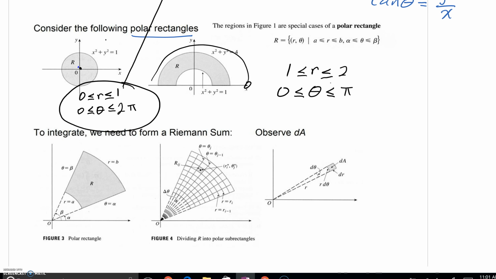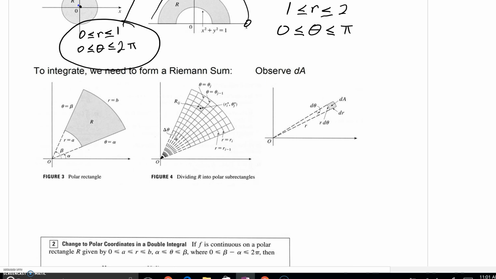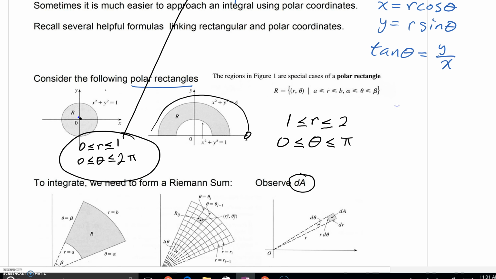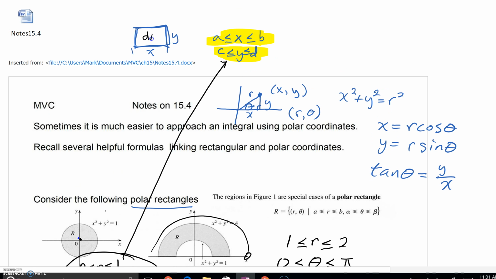To integrate, we need to form a Riemann sum, and we're going to ultimately investigate dA. If we look at a little sub-rectangle in general, we're so used to seeing that as delta x times delta y, or dx times dy, or vice versa.